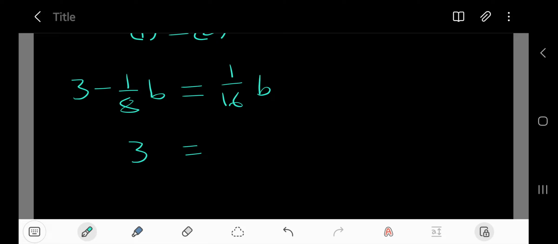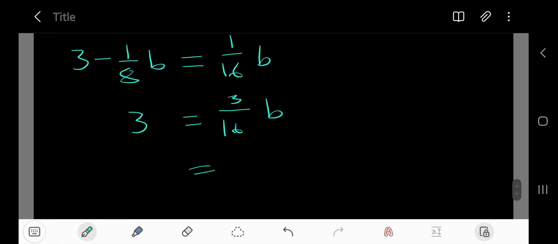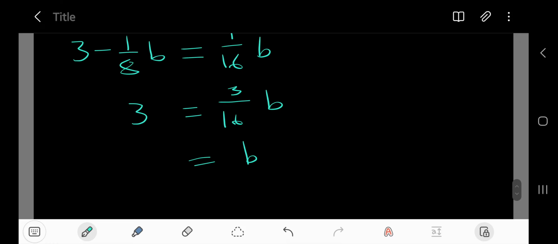And then we have 3 is equal to 3 over 16b. So we are one step away from getting the value of b. We just need to divide both sides by 3 over 16. So I'm going to say 3 divided by 3 over 16, and then I get my value of b as 16.